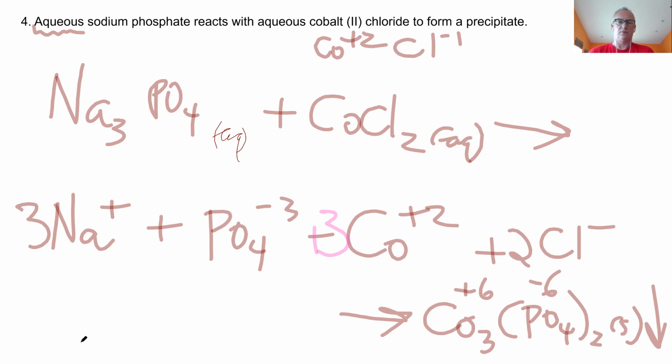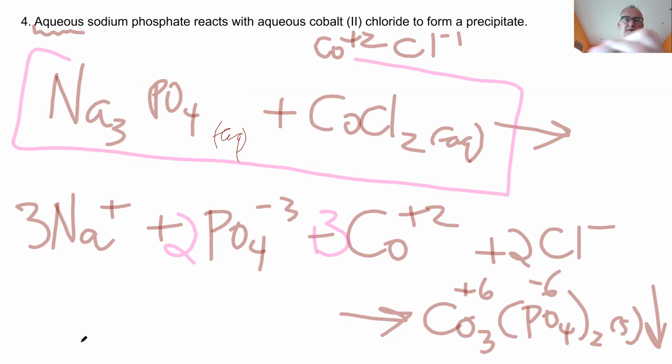2. 2. Now, how does that relate back to our original reactants up here? How do I balance my phosphates and cobalt with our original reactants? You had 2 Na3PO4 and 3 cobalt chloride.